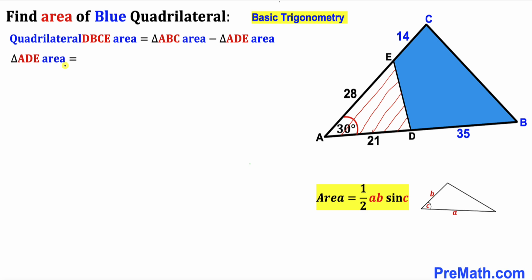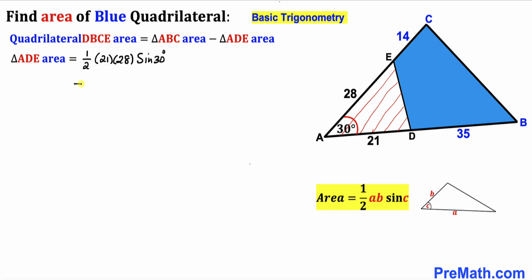So the area of triangle ADE is going to be a half times 21 times 28 times sine of 30 degrees. We know that the sine of 30 degrees is 1 over 2, so I'm going to replace it by 1 over 2.